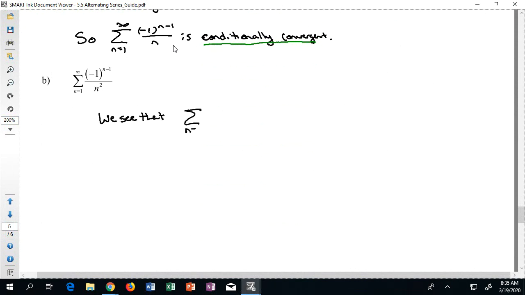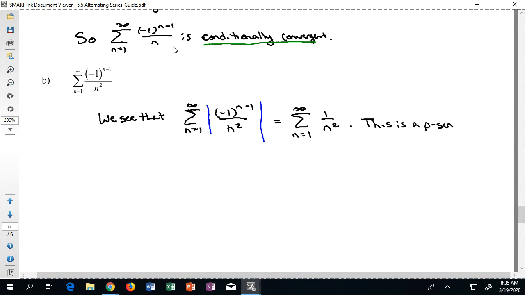that when I check to see if the blue title applies, whoa, that means I need to go through here and I need to slap absolute value bars on my series. Of course, when I do that, that's going to just turn this into a series that's a 1 over n squared. But of course, this is a P series with P equal to 2.